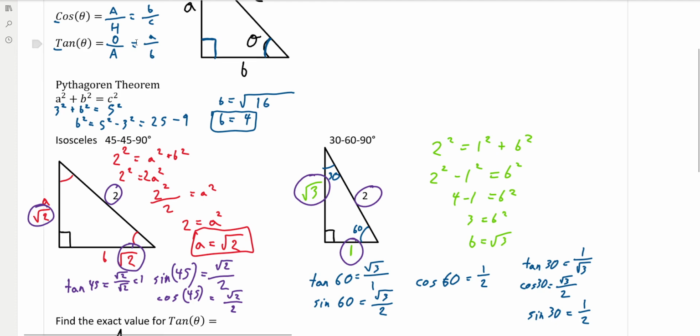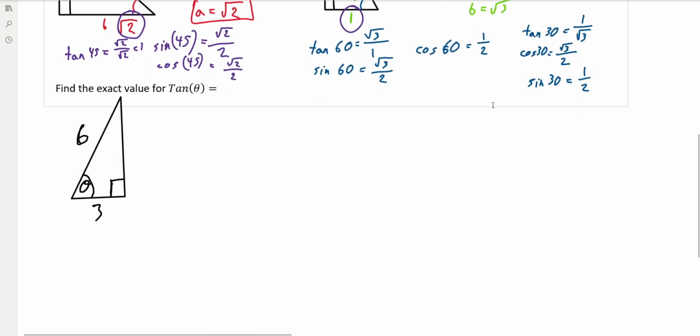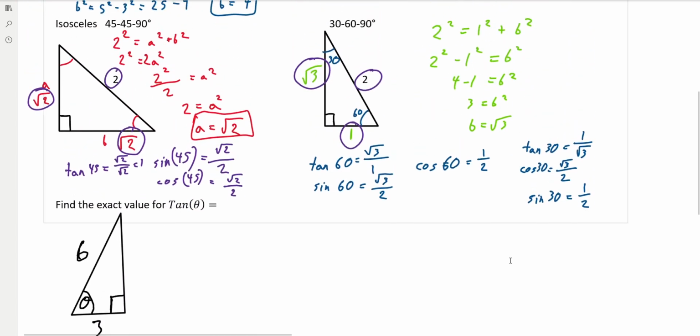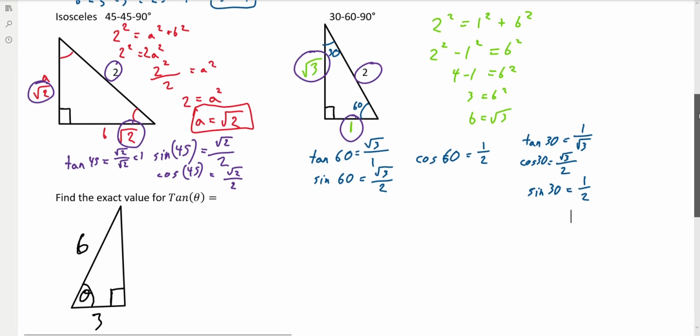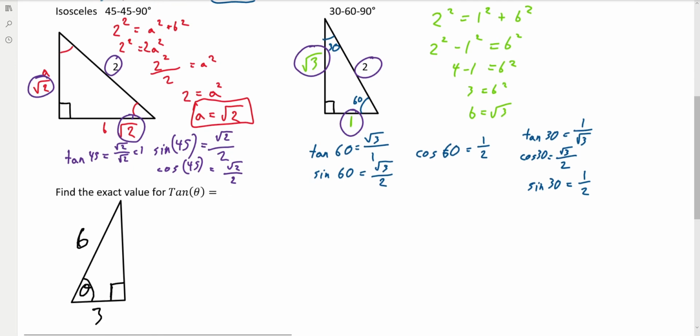We're doing great. What we need to take a look at now is an example like what you might see on the actual assignment or test. So here, this triangle is asking us to find the exact value for tan theta. Okay, so the exact value for tan theta. And perhaps maybe even we might do another one if we have time.